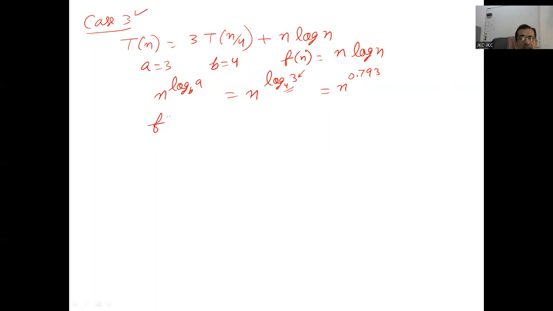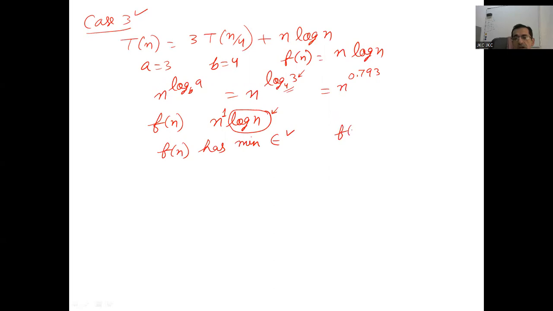Now, what is my f(n)? f(n) is n log n. I can guarantee it is at least n power 1, and even if there is any extra power because of log n, f(n) has a minimum epsilon available in the positive value.